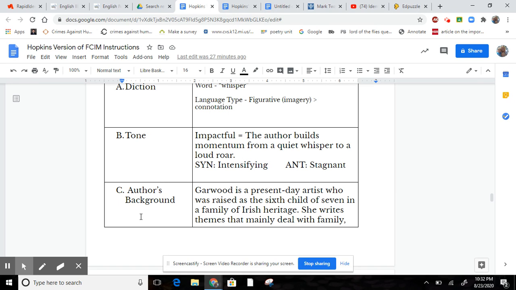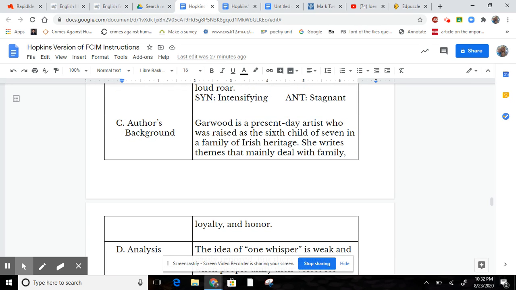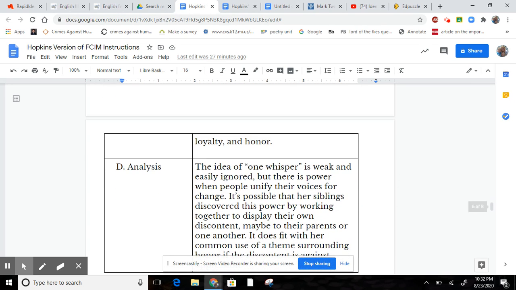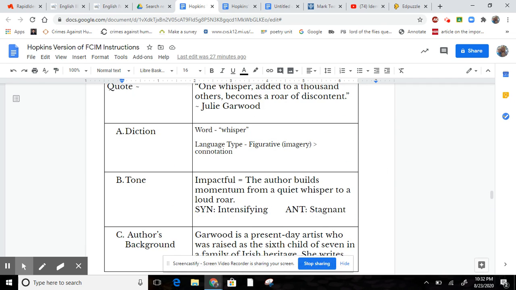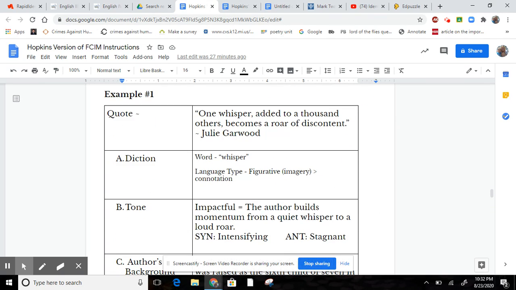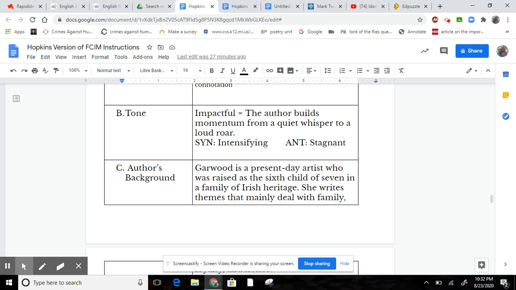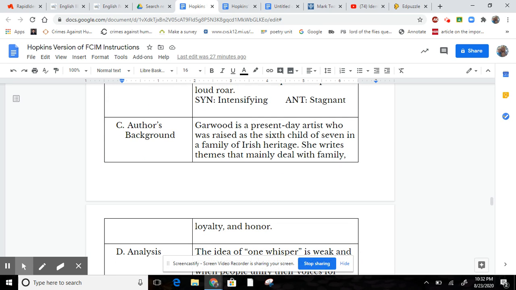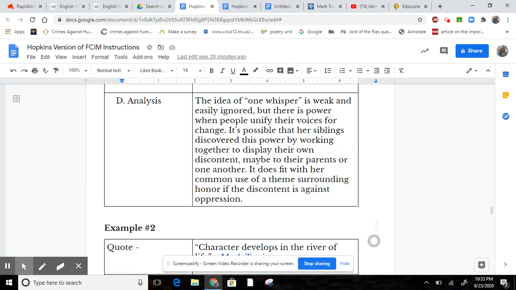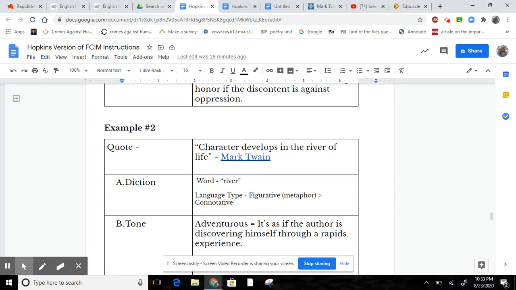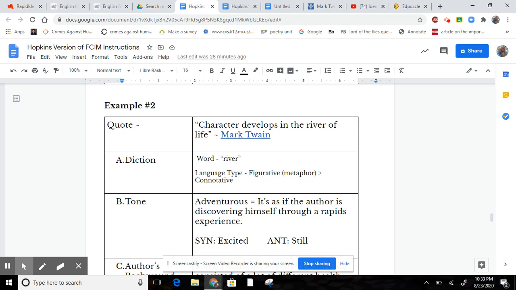And then finally, the author's background before we get to analysis. So we're going to practice these each week as part of our opener. It's probably going to seem more difficult at first than as we go, but it will get easier each time we practice. Here's another example from a different quote.